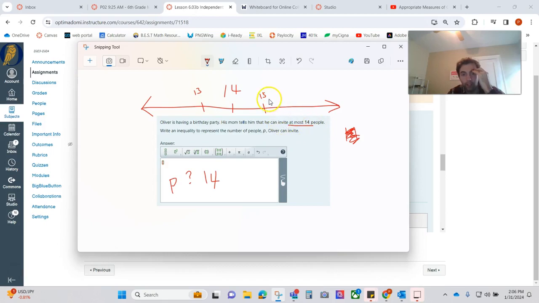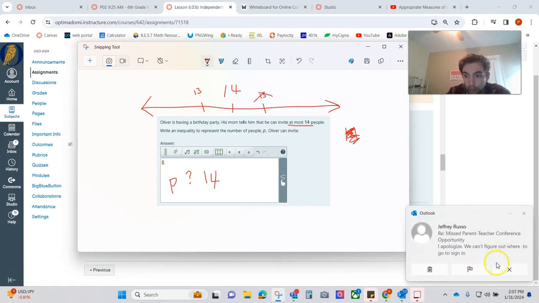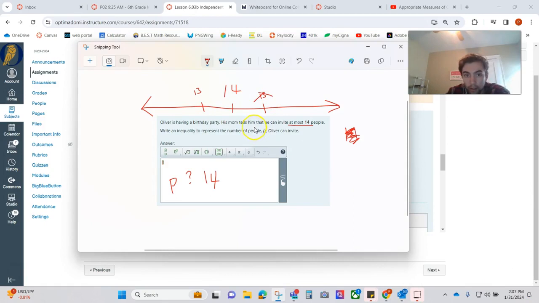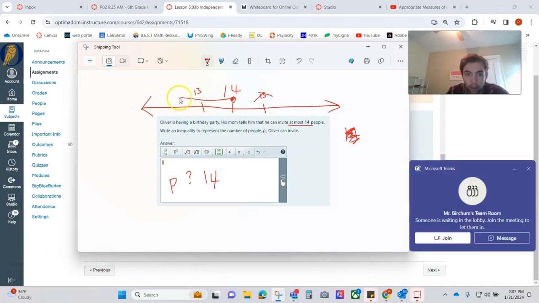Nope. 15 is more than 14, and if someone says you can invite at most 14, I think that means 14 is the most. So it can't be more than 14. But if he invited only 13 people, that would be okay because it's not more than 14. So I think the arrow is going down that way.